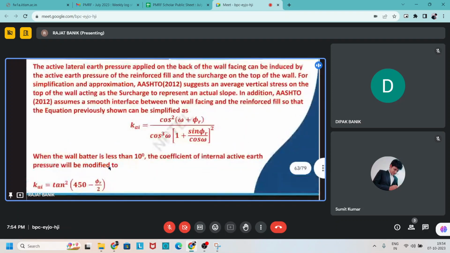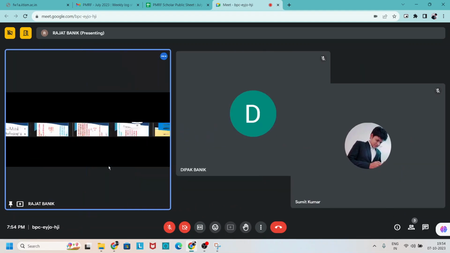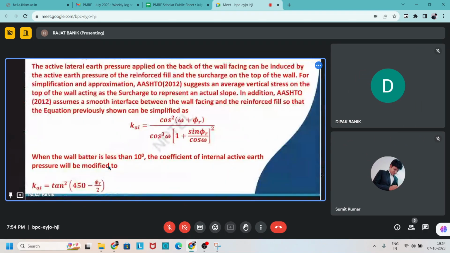Then on the formula it is given that the active lateral earth pressure applied on the back of the wall facing can be induced by the active earth pressure and the structure on top of the wall, for simplification and approximation. AS suggests that an average vertical stress on the top of the wall acts as a slope to represent an actual slope.